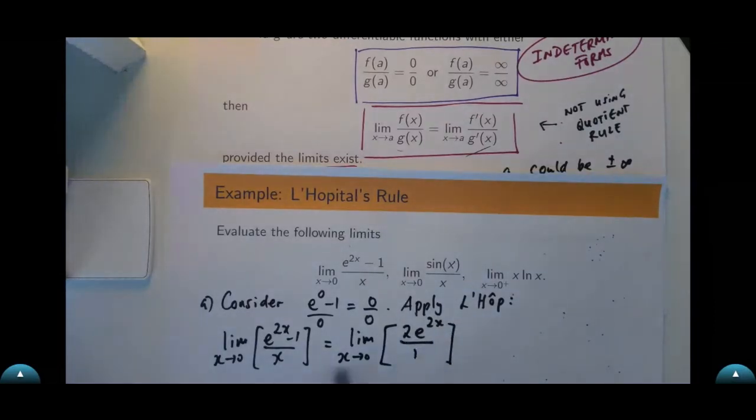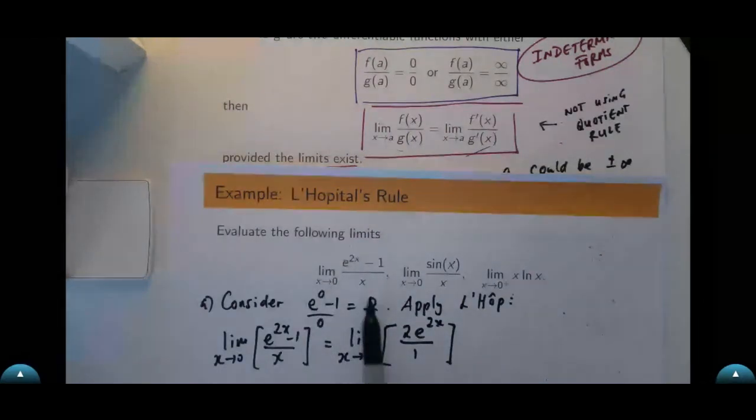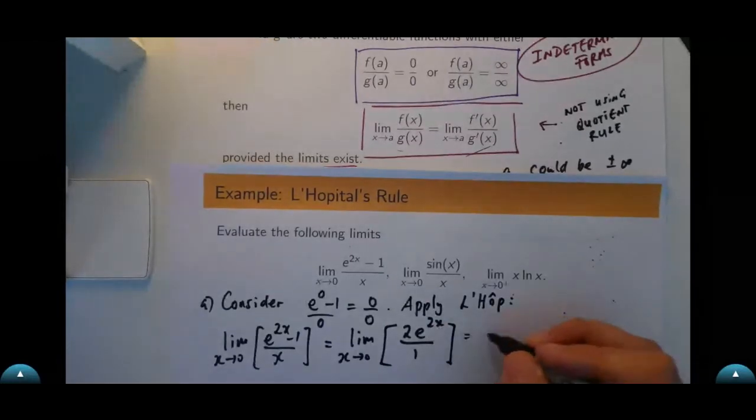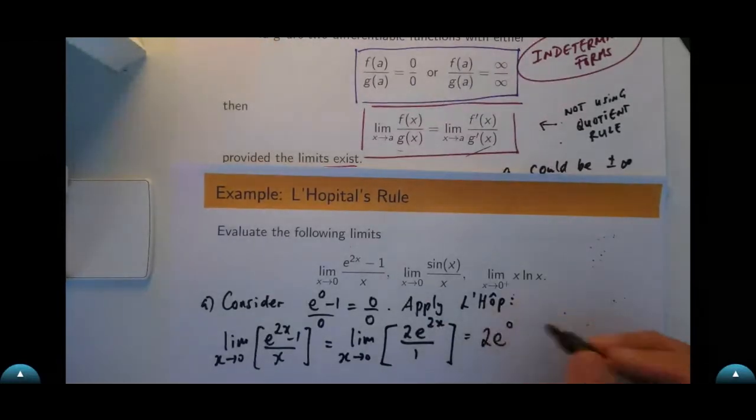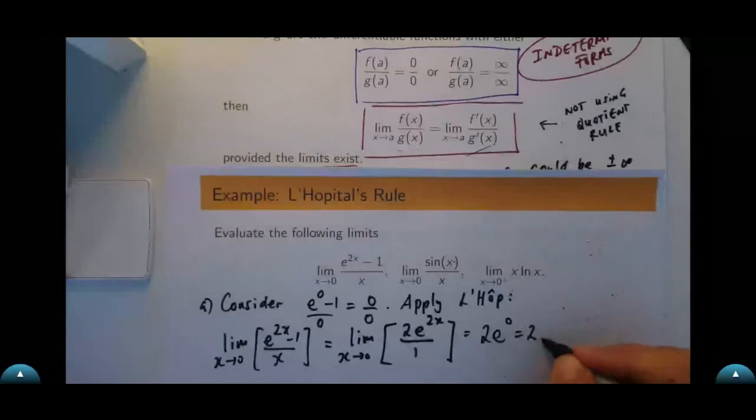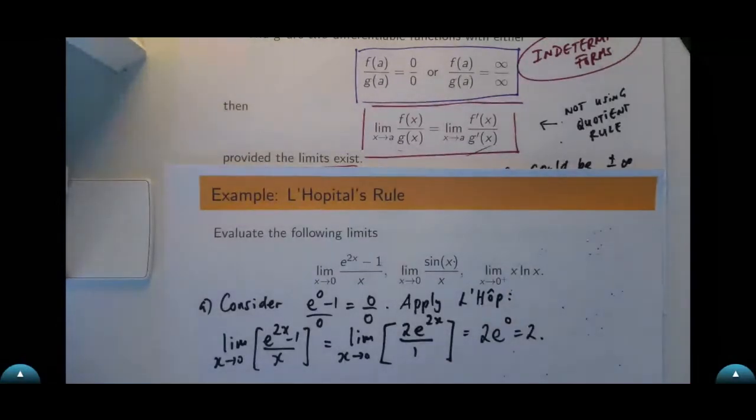Well, there's no problem with the denominator anymore. I'm not going to be dividing by 0 like I was up here. So what I can do is I can just put the 0 in. Okay, so the first step in applying L'Hopital's rule is to check you've got the conditions being satisfied. Differentiate the top, differentiate the bottom, and take the limit.